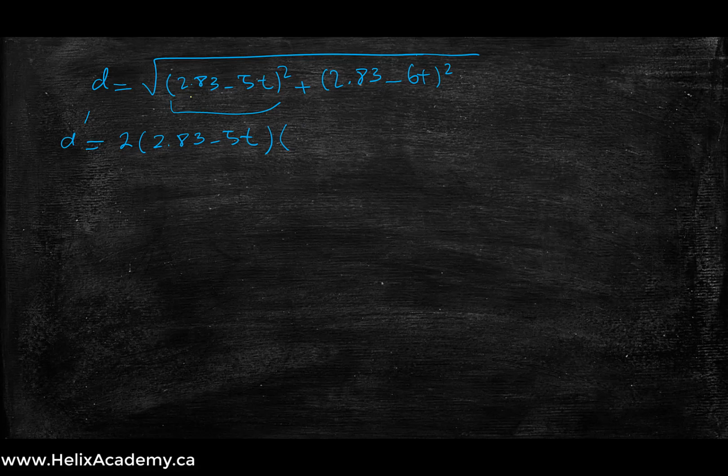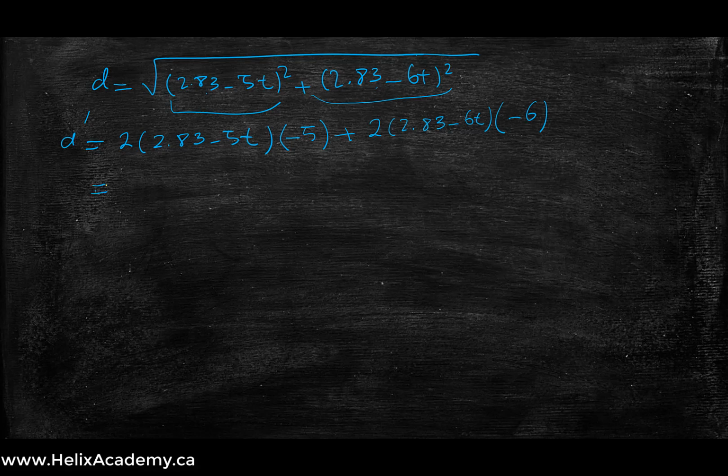The derivative of 2.83 is 0, and the derivative of minus 5t is just negative 5, and then plus the derivative of the second part, which is 2 times 2.83 minus 6t to the power of 1, times the derivative of what's inside. The derivative of the first one is 0. The derivative of the second part is negative 6.